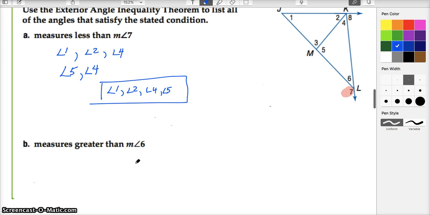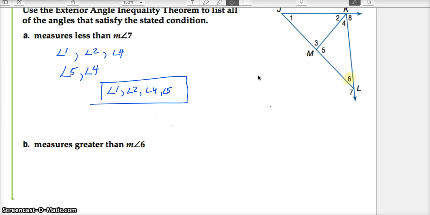Can we talk about measures that are greater than 6? So let's turn our attention to angle 6 and consider things that are bigger than angle 6. Since our theorem talks about remote interior angles versus exterior angle, I'm going to look at 6 and see if it's part of an interior angle that can be related to an exterior angle.